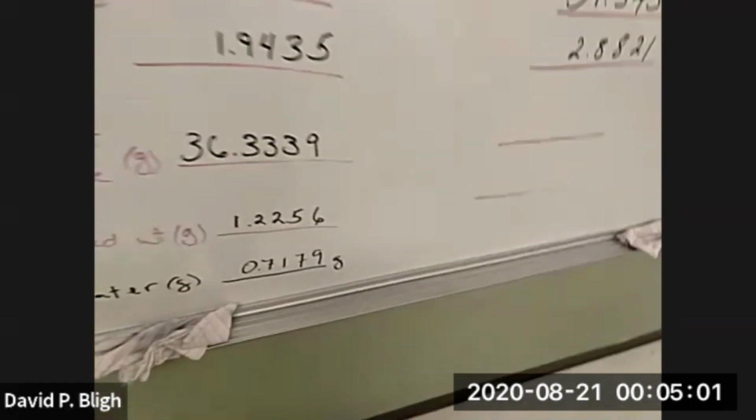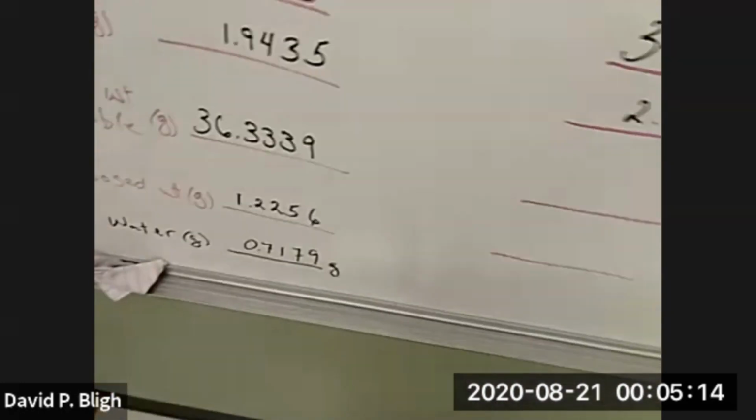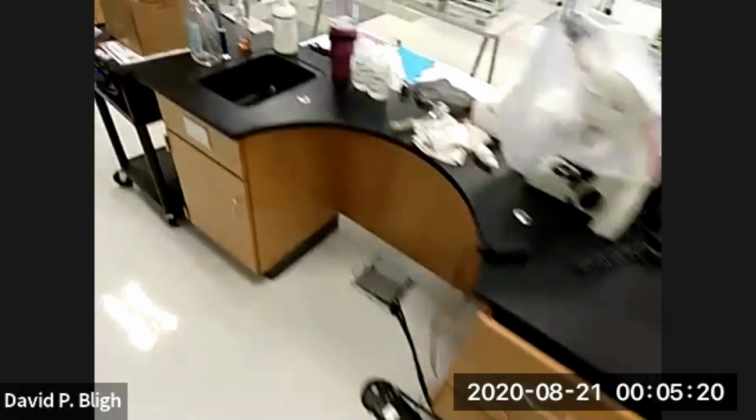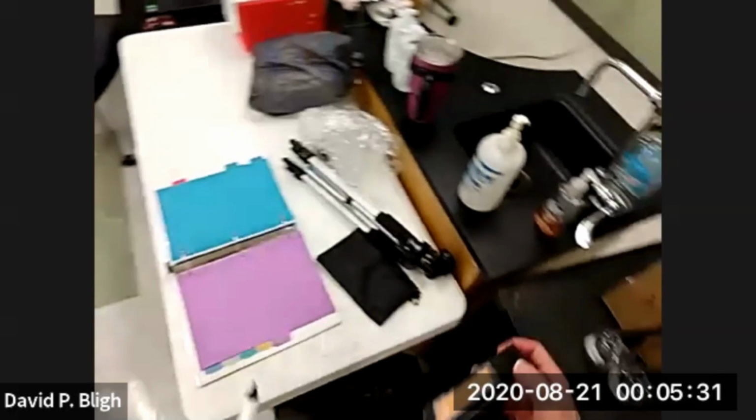So how many moles, and this is the ratio, moles of this to moles of that. Right? So how many moles of water do we have? Well, let's see. Let me get my calculator around here somewhere. Here we go, my scientific calculator.